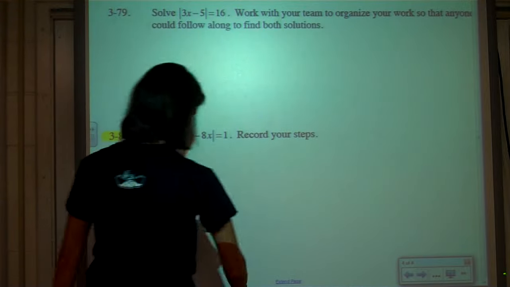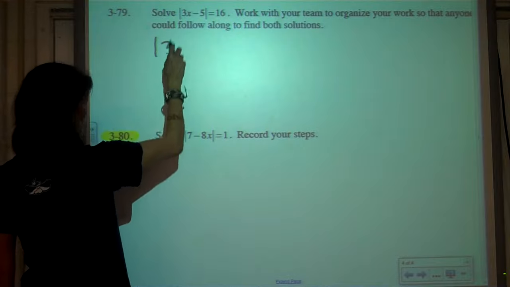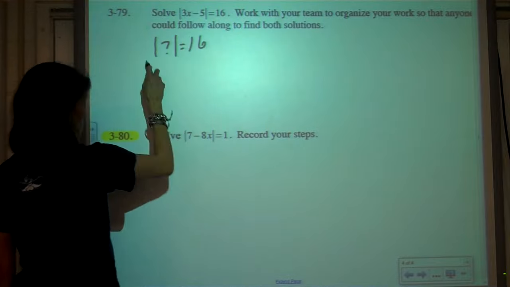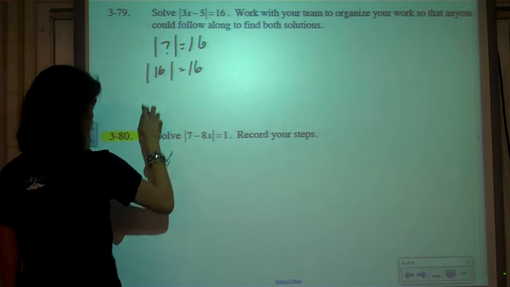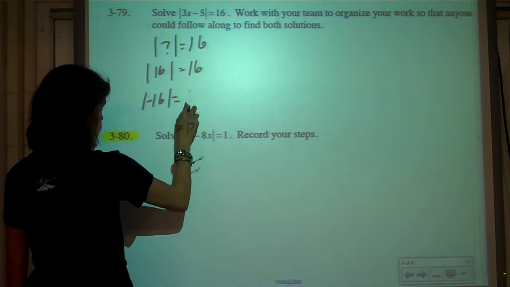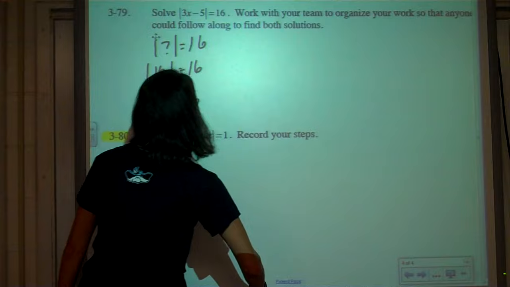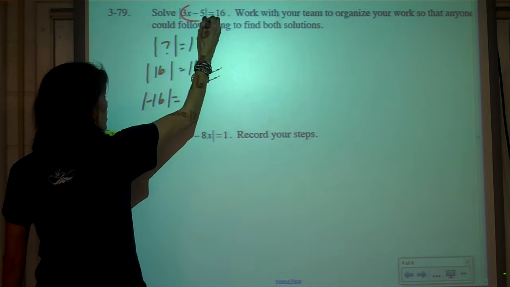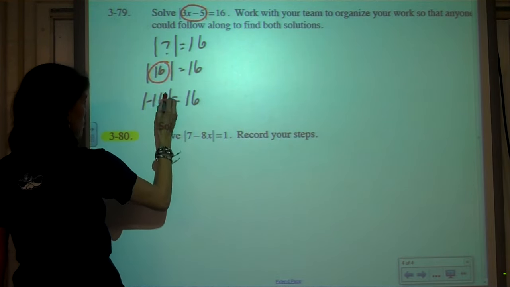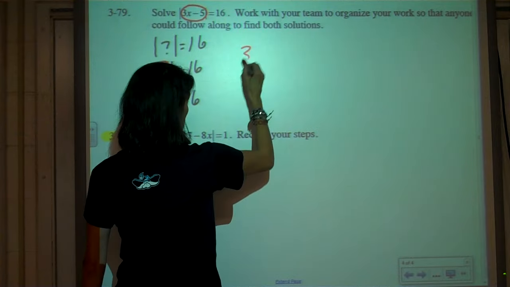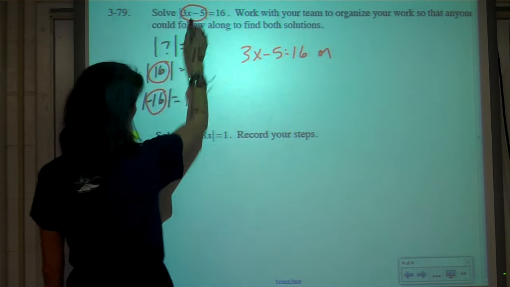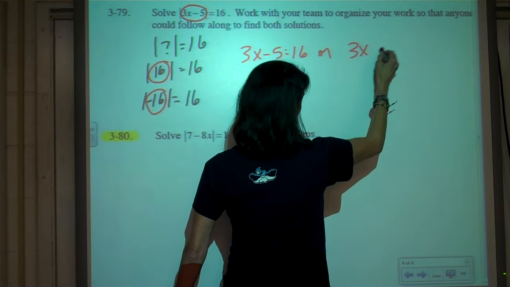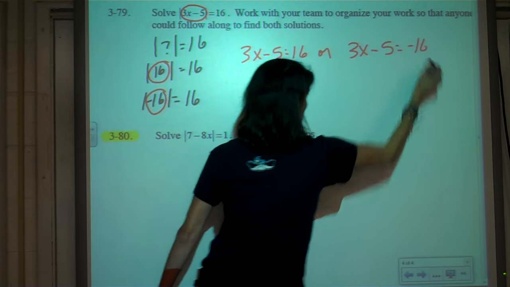Okay, so for this one, the absolute value of what number will give you 16? 16 or negative 16. So that means what is inside the absolute value can either equal 16, or 3x minus 5 can equal negative 16.